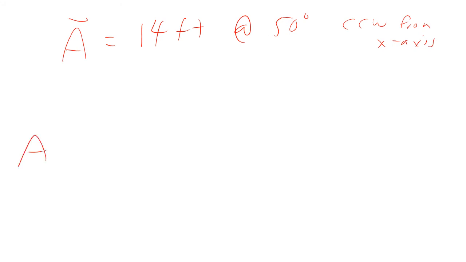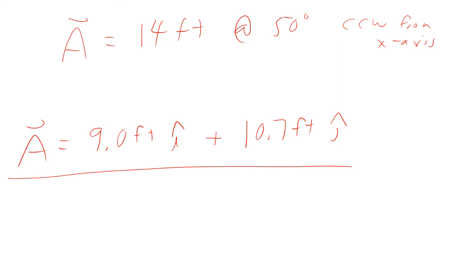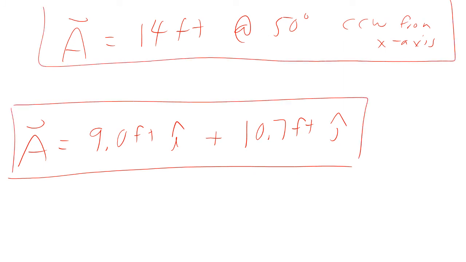Or we can write vector A as 9 feet i plus 10.7 feet j.